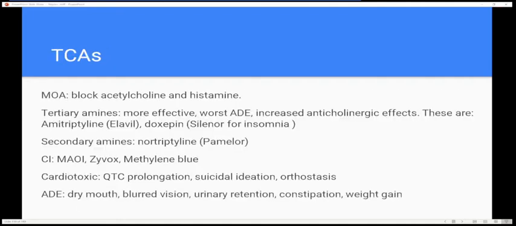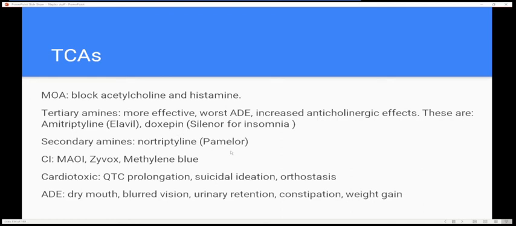Then you have TCAs, these block acetylcholine and histamine. So pretty much you need to know the MOA of the drugs, just how the drugs work. And then you have the tertiary amines, secondary amines. I honestly don't think they're actually going to ask you what drugs are tertiary amines. I just put that on the slide for completion purposes.